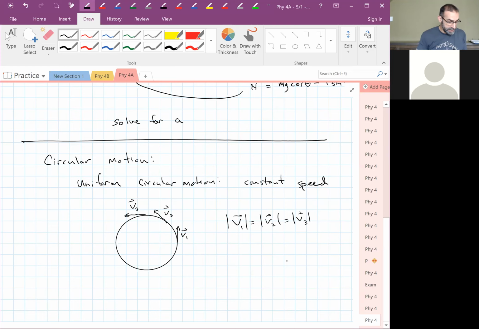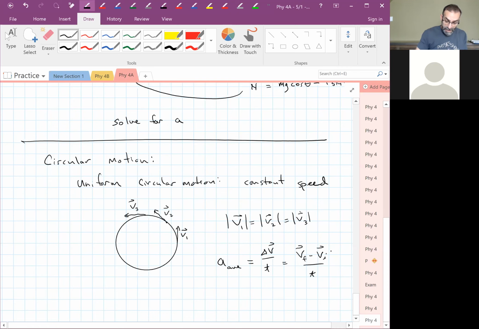So let's take a look at the acceleration. If we did just a simple vector addition, the average acceleration is going to be delta v over the time, right? That means it's v final minus v initial over the time.